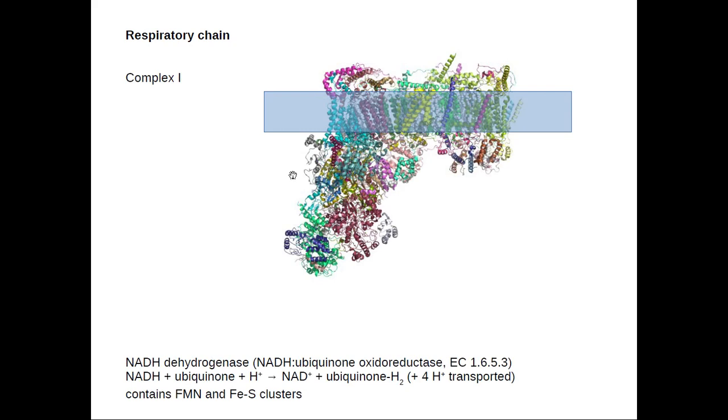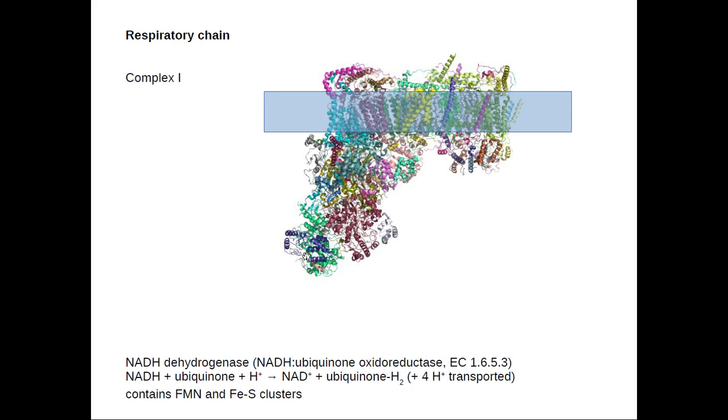So here is complex 1, and complex 1 catalyzes the reaction in which NADH reacts with ubiquinone, and it forms NAD plus ubiquinol, or ubiquinone H2, the reduced form of ubiquinone. I will show the structure later, so you will see how ubiquinone and ubiquinol look like, and what is the difference.